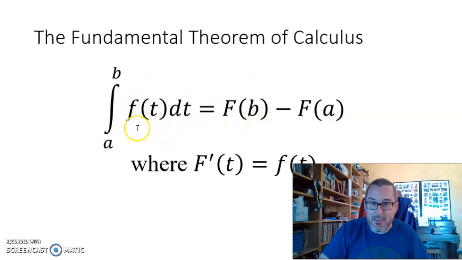But just generically speaking, the derivative of this function produces this function. Therefore, when we think kind of left to right, we're doing antiderivative. When you think right to left, the derivative of F produces f. That's what we're saying here. The derivative of capital F produces lowercase f.